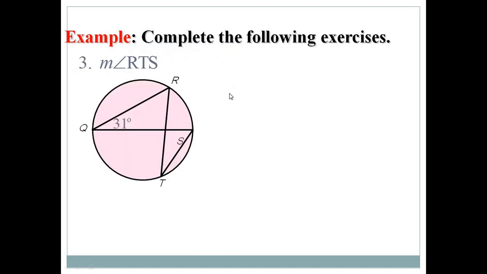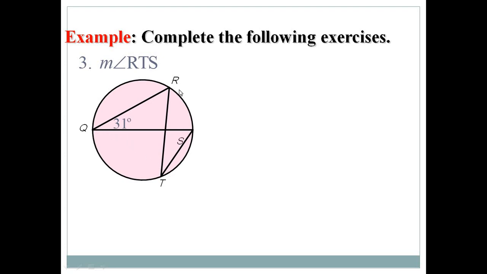Here we have two inscribed angles, angle Q and angle T. Find measure angle RTS. So it means to find measure angle T. As we know from theorem 2, here we have two inscribed angles.